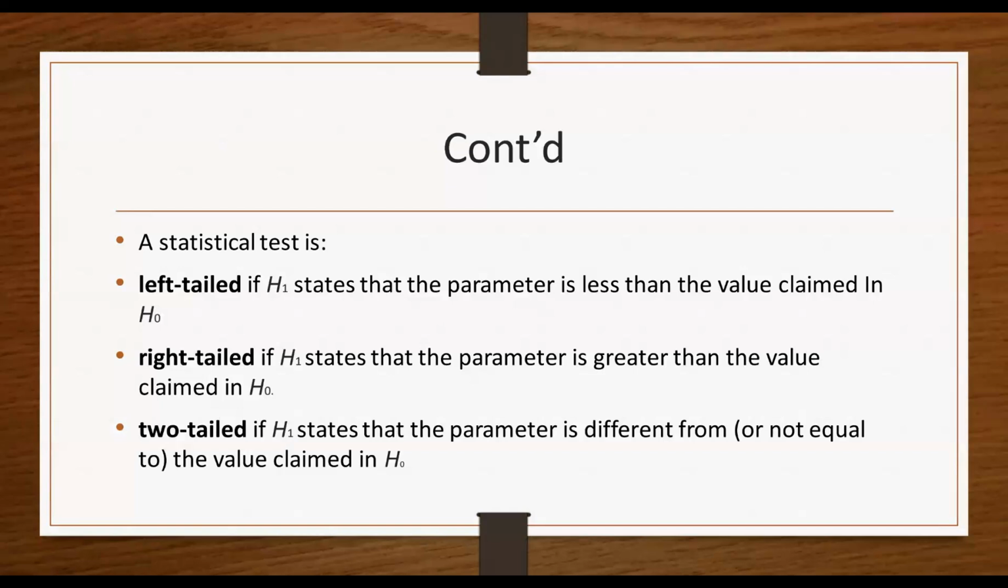Maybe just to amplify and say the same thing: left-tailed if the alternative hypothesis says the parameter is less than. Right-tailed is when the parameter is greater than. Double-tailed is when the parameter is not equal to. You get the point? And single-tailed is the other case.